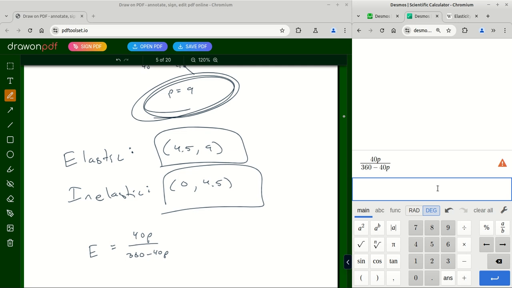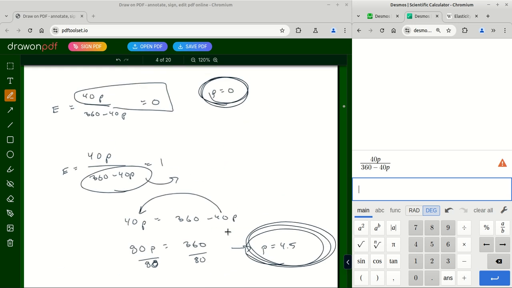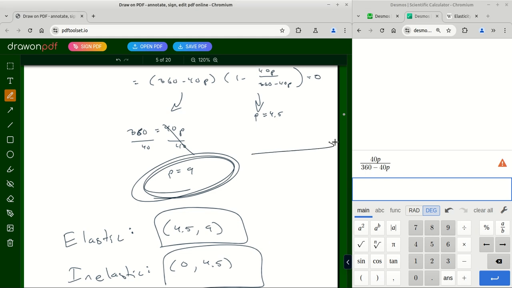Now, these are my two intervals. My answers were 9, 4.5, and 0, and we're talking like a number line: 0, 9, and 4.5 just so happens to be in the middle. So which side is going to be elastic and inelastic? We're going to test numbers in between there.